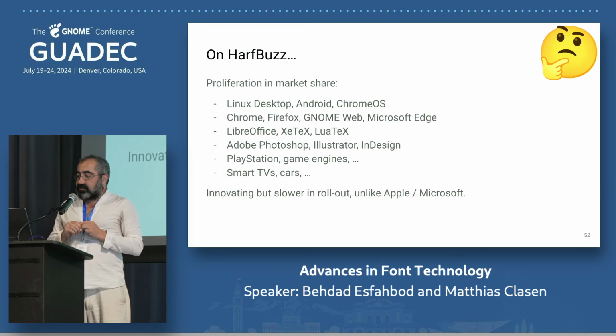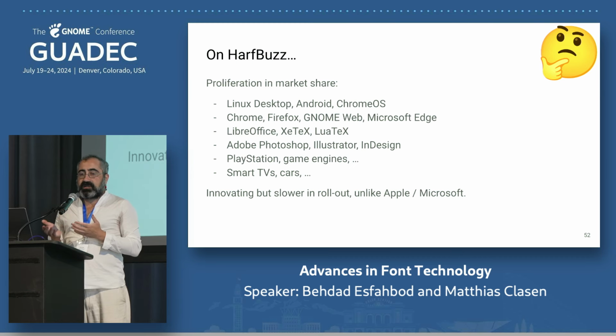Quick note on HarfBuzz, in the past 15 years, we've seen HarfBuzz's market share go up in a way that at this point it is probably the most commonly used shaper in the world thanks to Chrome and Android and other platforms. So this market share gives us a lot of leverage to innovate.